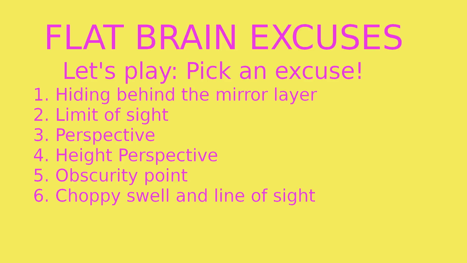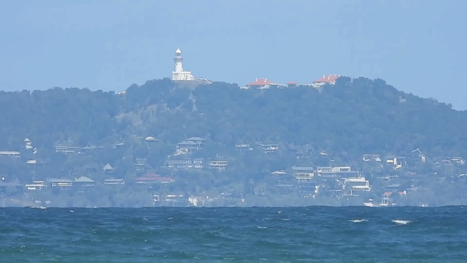And the next excuse, I've heard this one, is there's a limit of sight, also known as an obscurity point, similar sort of thing. It's been said by some flatties that the limit of sight seems to coincide with your horizon, and that's why you can't see anything over the horizon, which, I have to point this out, if this limit of sight here was 3 miles away, how come you can see Cape Byron, which is, what, 8 miles away or something?